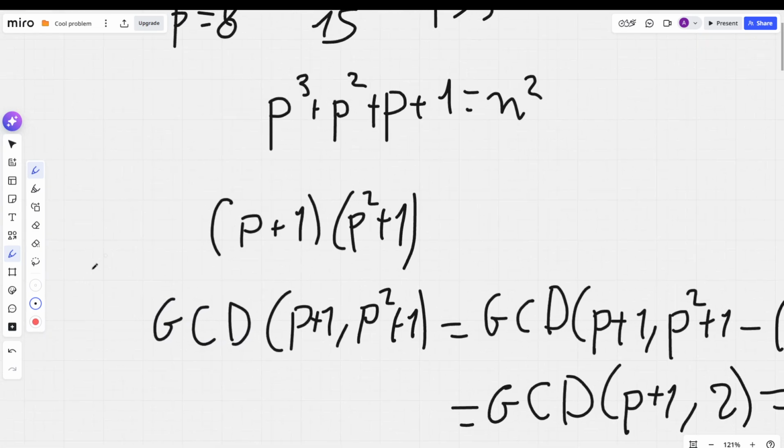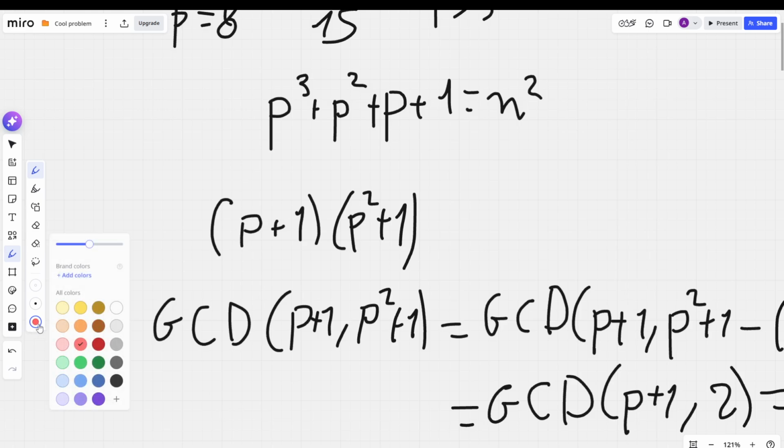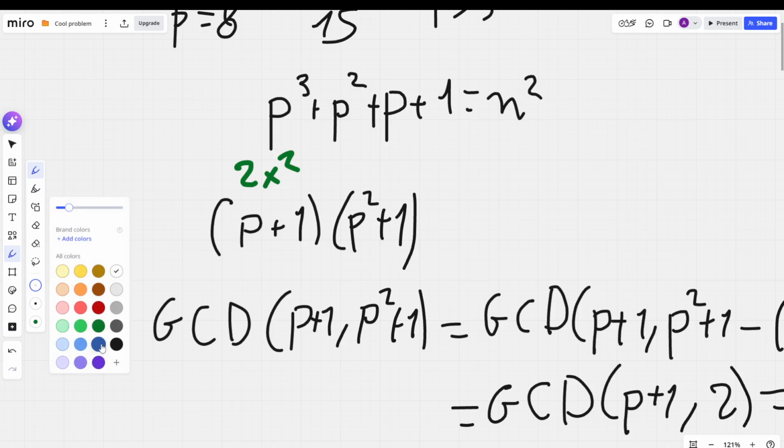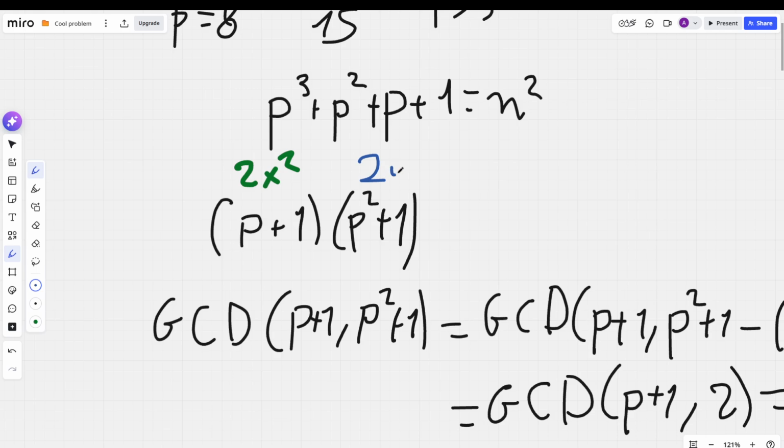Hence, this term of the product is of the form 2x squared, and this term of the product is of the form 2y squared.